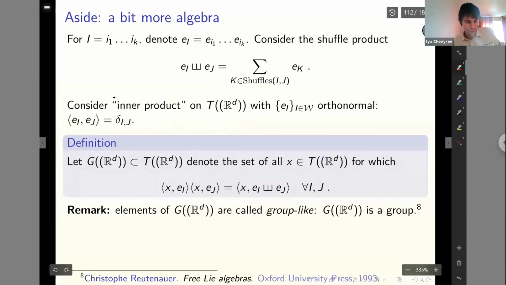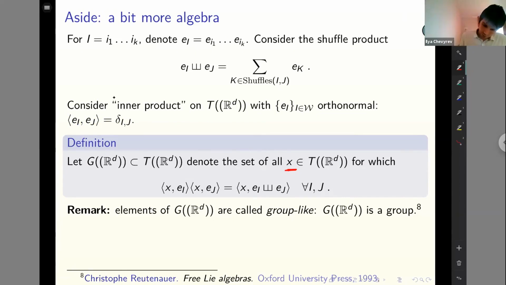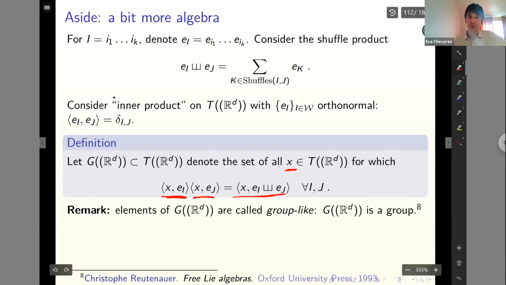Then I'm going to define a very special subset of the space of formal series T(R^d). I'm going to look at all elements X which respect a certain identity property. What I'm going to impose for all of these elements is that X evaluated against the word e_I multiplied by X evaluated against a word e_J is equal to X evaluated against their shuffle, e_I shuffle e_J.